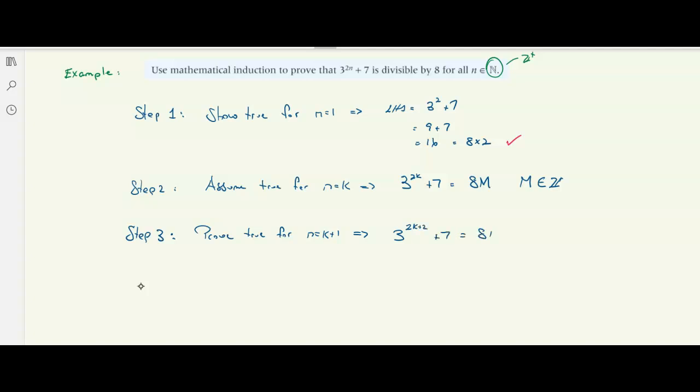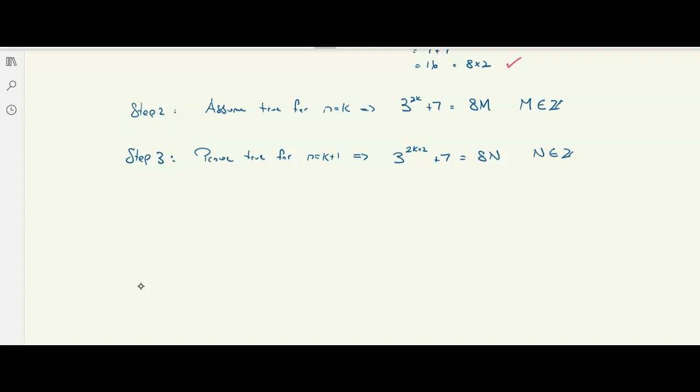And we need to prove it's equal to 8 times something. So now we get to work on that.